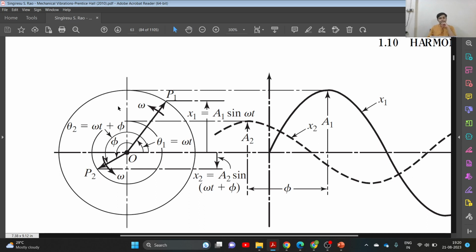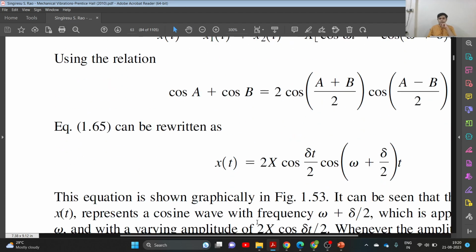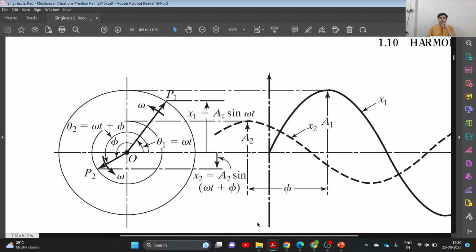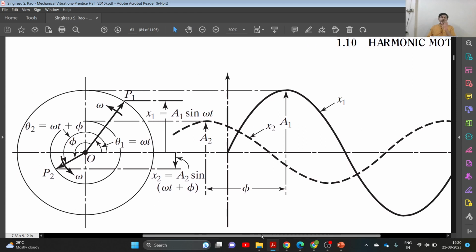So when they are actually coincident, then the net vector addition will be A plus B, and when they are 180 degrees opposite, then their net amplitude will be A minus B, right?